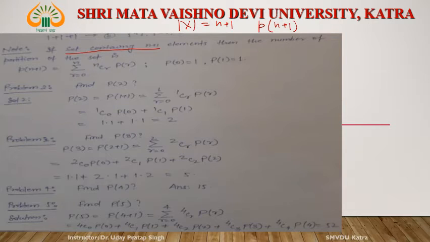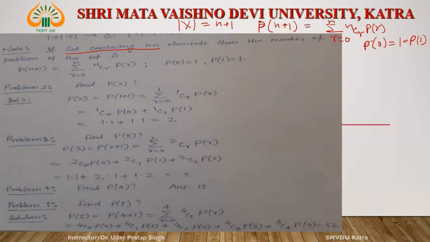This is equal to the summation over r equal to 0 to n of nCr times Pr. What is P of 0? There is an initial condition like this: P of 0 is equal to 1 and P of 1 is equal to 1.